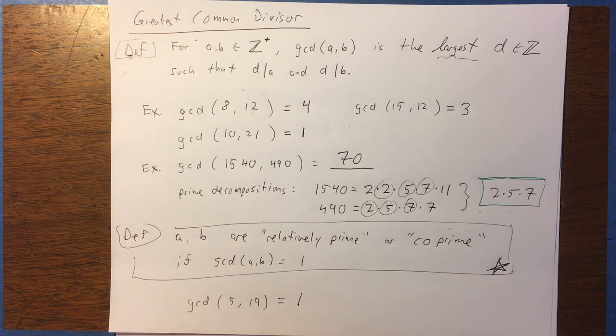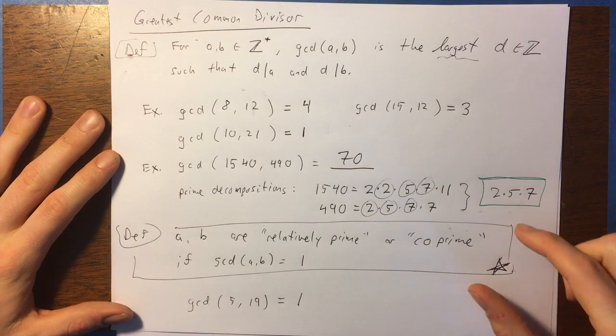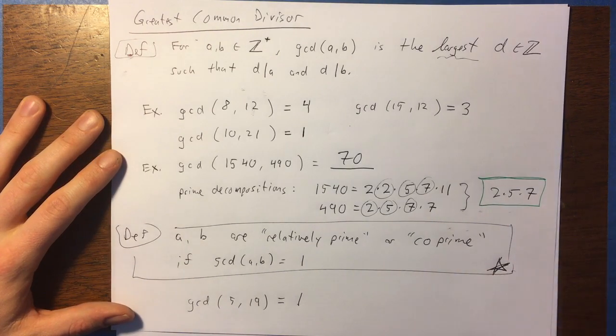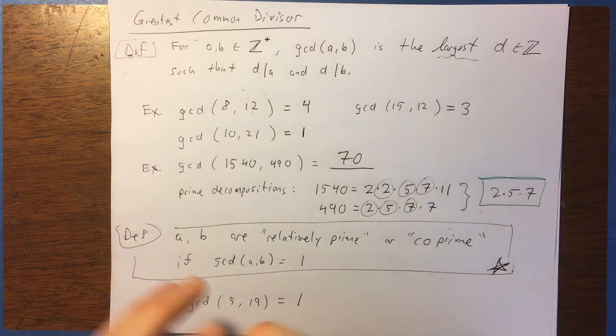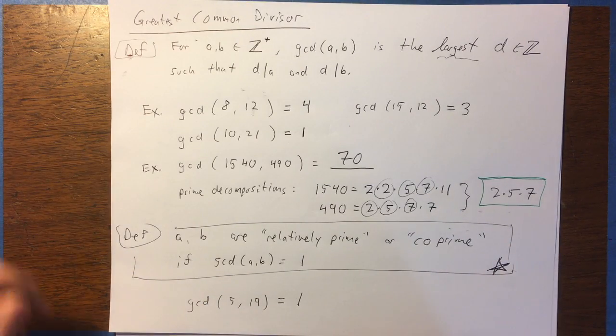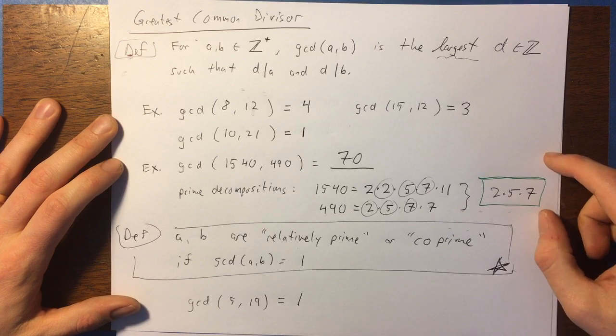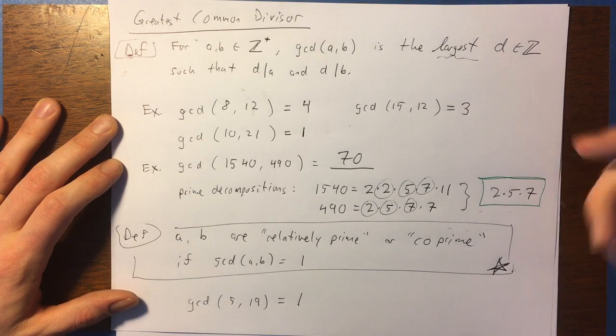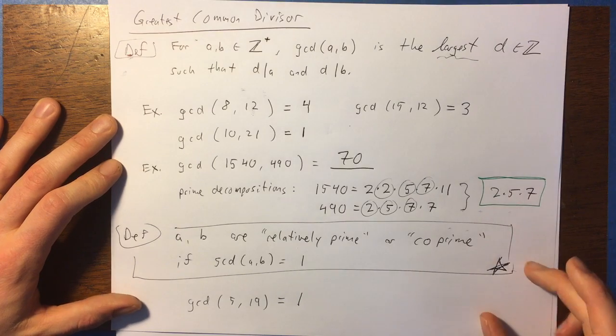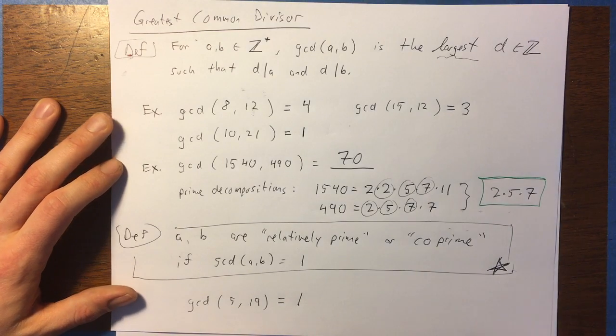We don't have it at ARCC actually, but if you transfer to a four-year university, you might be able to take a class called abstract algebra. This idea of relatively prime is really important when you're studying things like Z mod n, the integers modulo n that I mentioned in a previous video. In fact, I hinted at it when I mentioned multiplicative inverses and whether or not they exist. That's related to the idea of relatively prime.